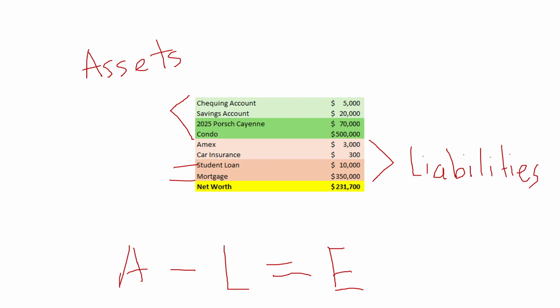Okay. So why do I have different shades of green as well? Well, there's two kinds of assets, and then there's two kinds of liabilities. So this has to do with classifying the assets and liabilities in terms of a word called liquidity.